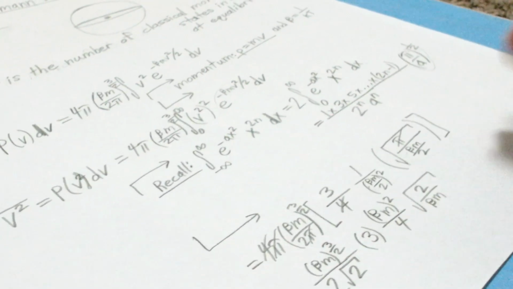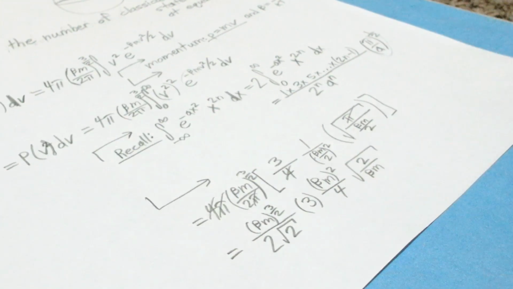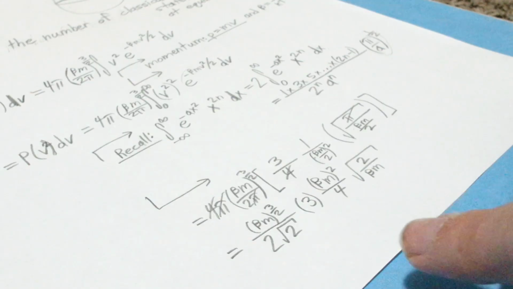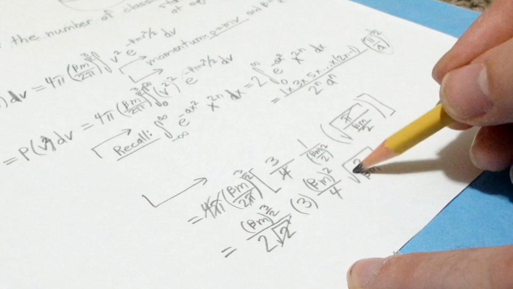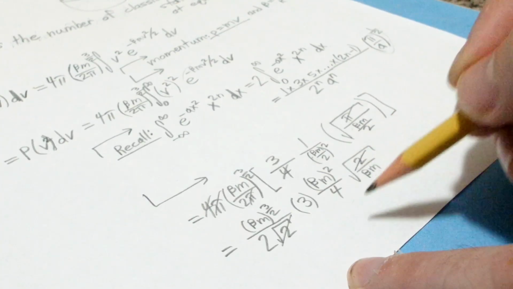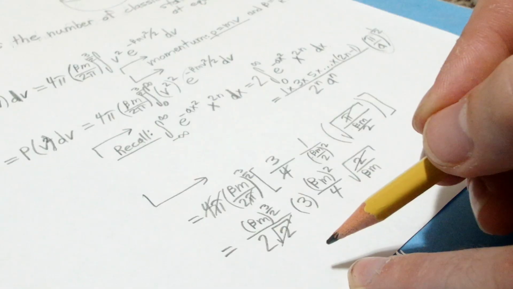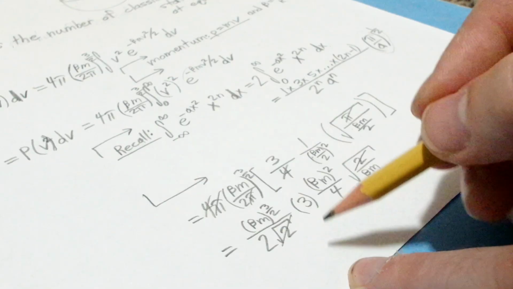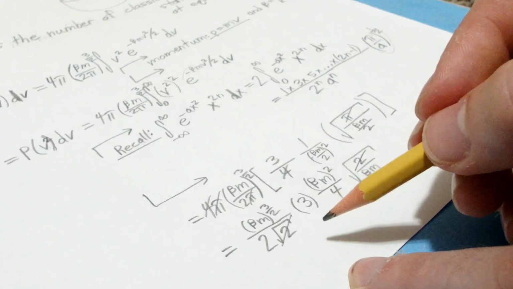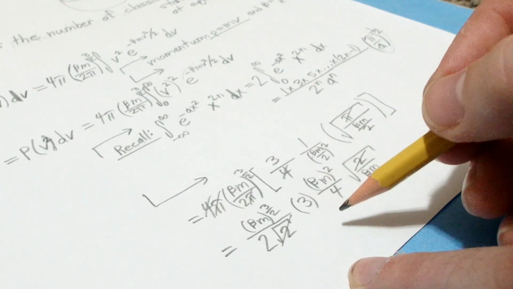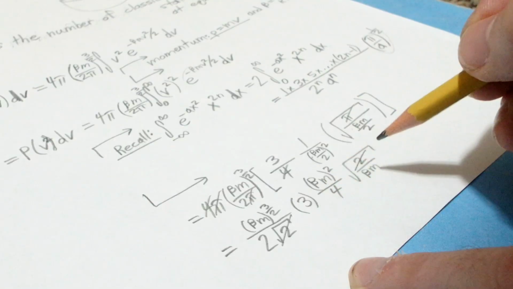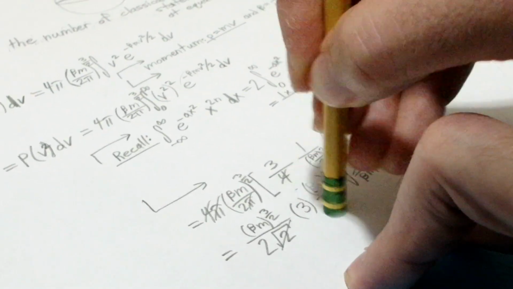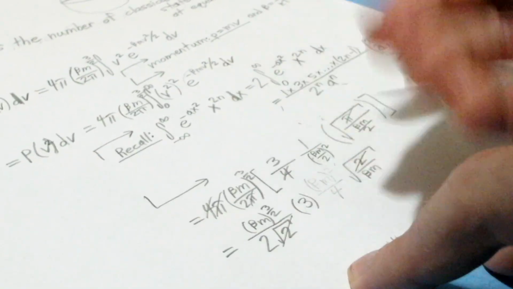And then we can cancel out that square root with this square root up here. And this should be flipped over.